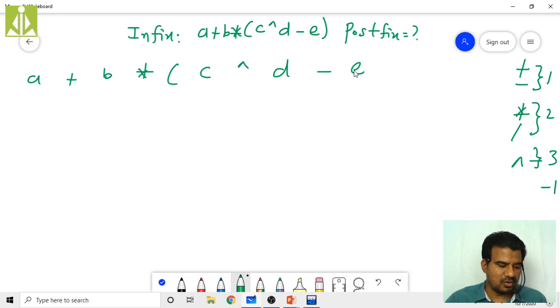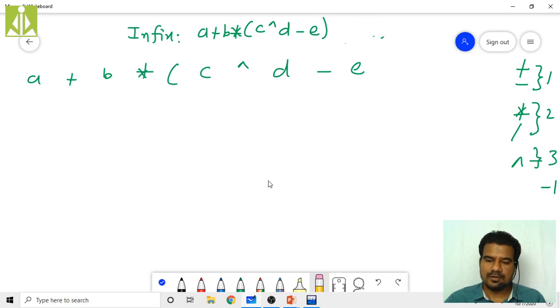I think we have still more characters in this one. Yes, e. So after this e, we do have cap followed by f plus g multiplied with h. Close the bracket, minus i.